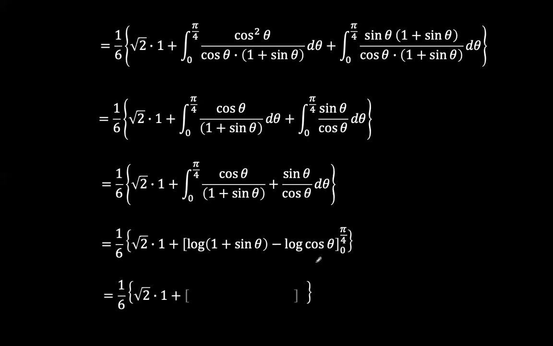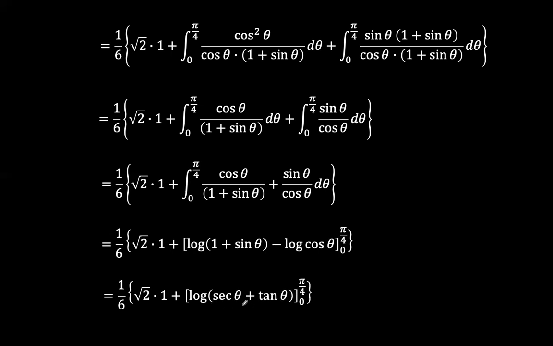Applying in the limits appropriately, first of all, I had to use the rules of logs where there's a subtraction of two different logs, we combine it to one log function and divide whatever is under the log function. So we have sec theta plus tan theta.